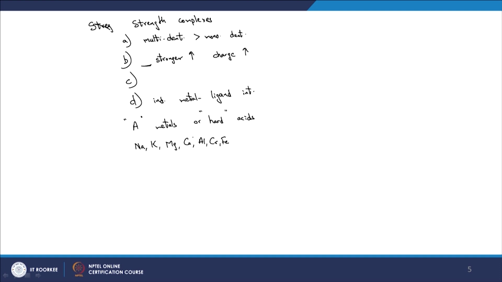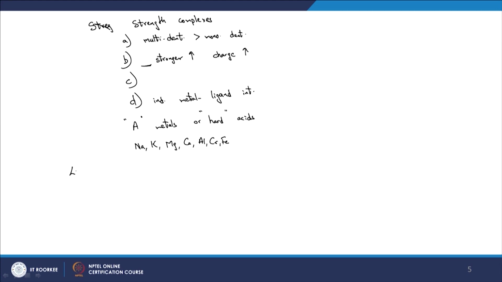These in general are referred to as hard acids, and they usually end up forming ionic bonds during the relevant complexation. So let's look at their ligand preference. They would prefer F greater than oxygen, or the strength of the complex would be greater in this order.